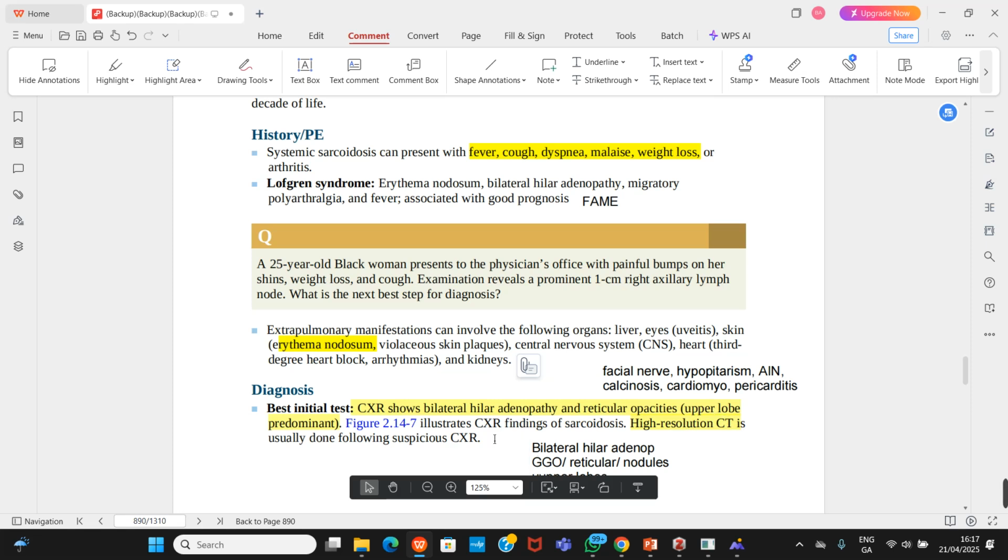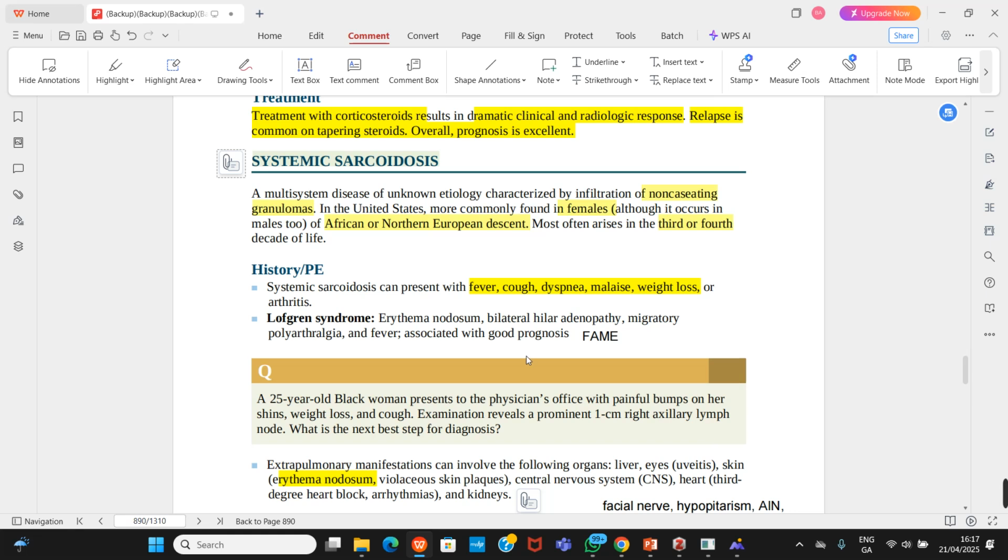So after you have done the chest X-ray and we have seen that, we have to do a high resolution CT. Before I jump, there's something called the Lofgren phenomenon or Lofgren syndrome, a cluster of symptoms for sarcoidosis that I gave the acronym FAME.